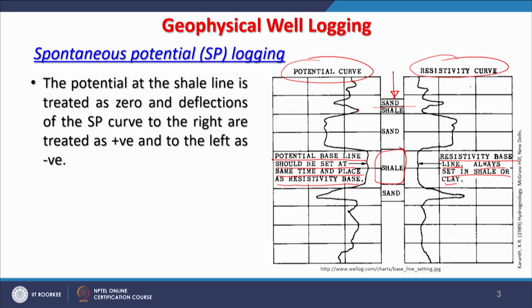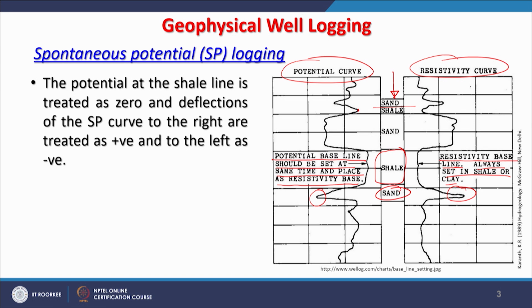These can be called marker beds or reference beds, because their characteristics are well known, and therefore they are used for comparison between the potential curve and the resistivity curve. In the case of sand, for example, the potential curve shows very low or negative values, and the resistivity curve shows high resistivity.